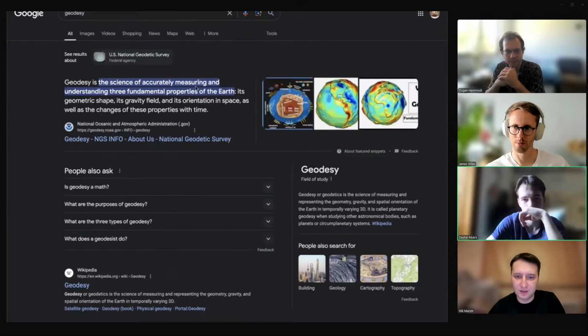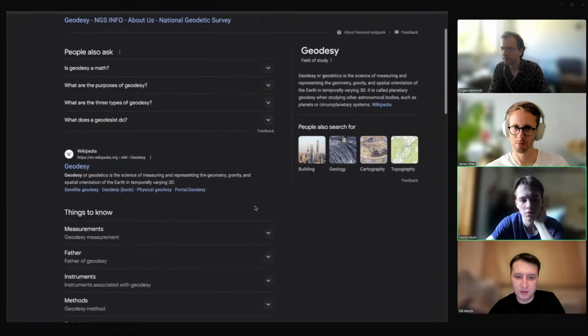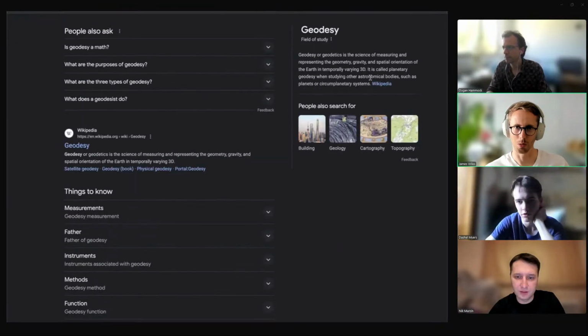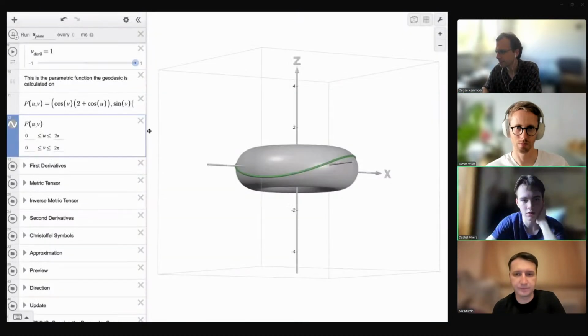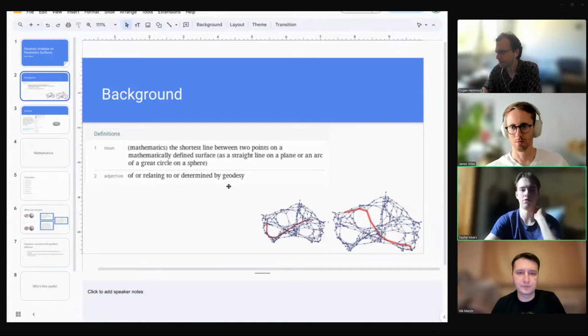Accurately measuring it. Geometric shooting. I've never seen that word before. Yeah, it says that's what's related to, on the MathWorld definition.